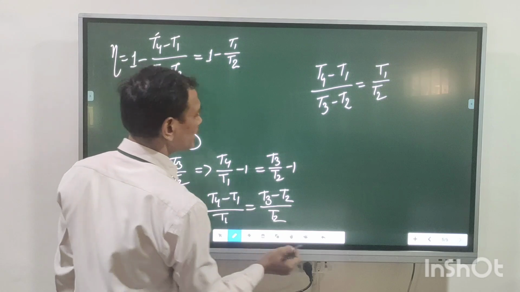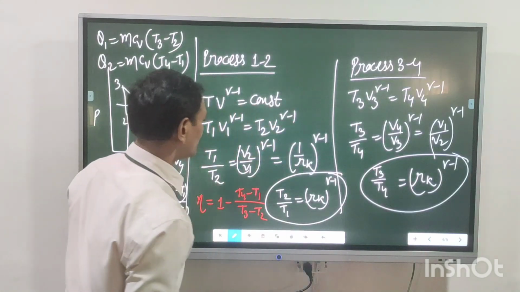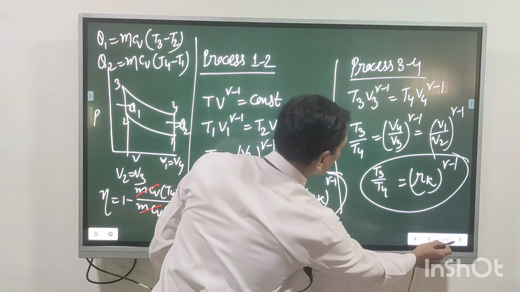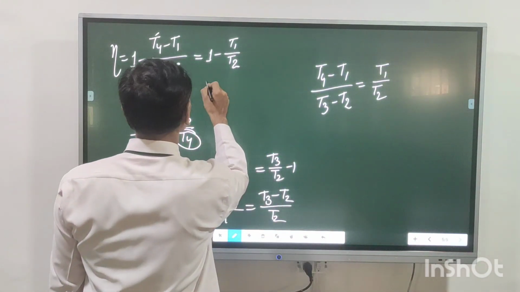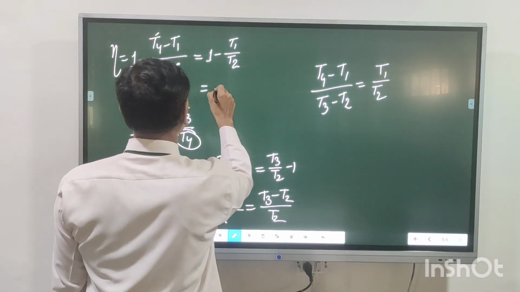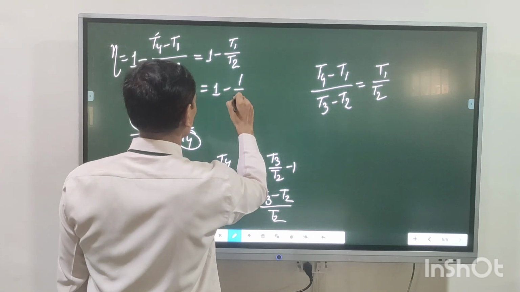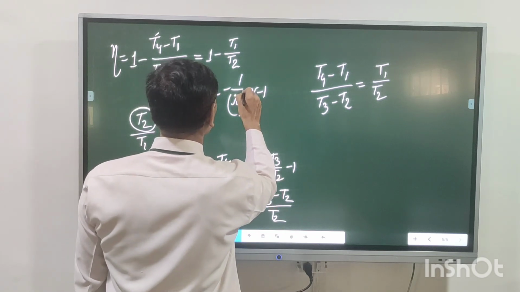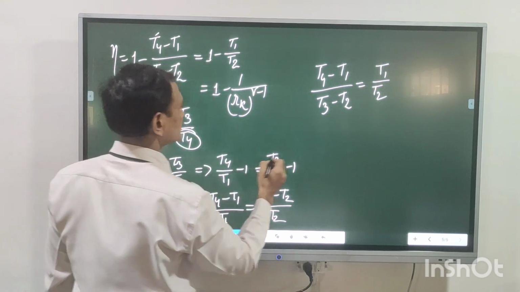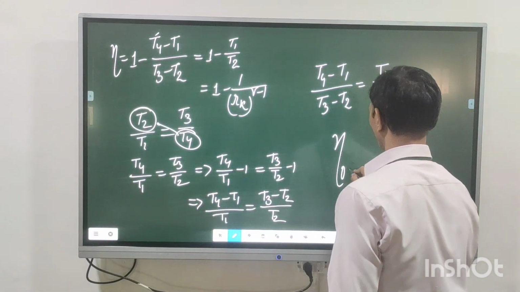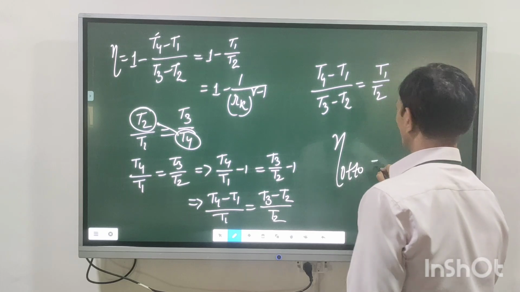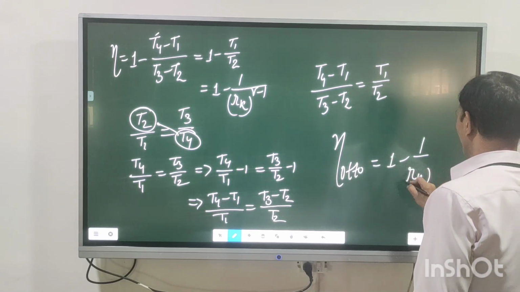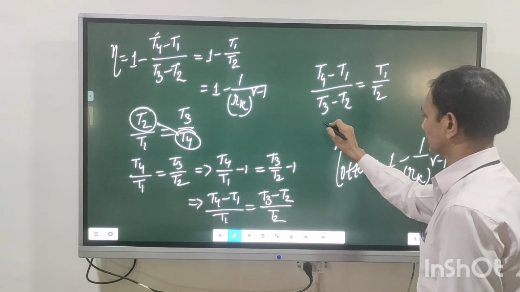Now what is the value of T1 by T2? It is 1 by RK^(gamma minus 1). So the efficiency of the Otto cycle is 1 minus 1 by RK^(gamma minus 1).